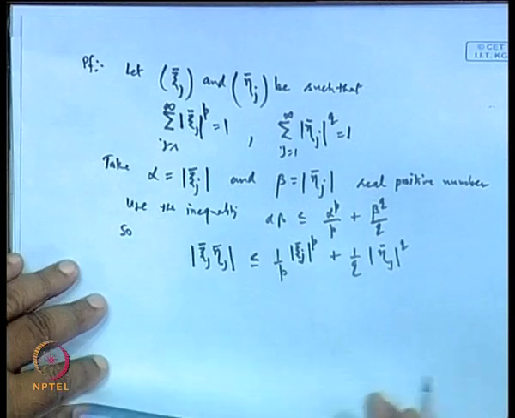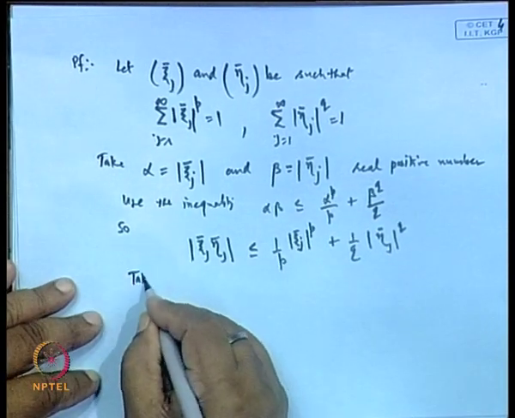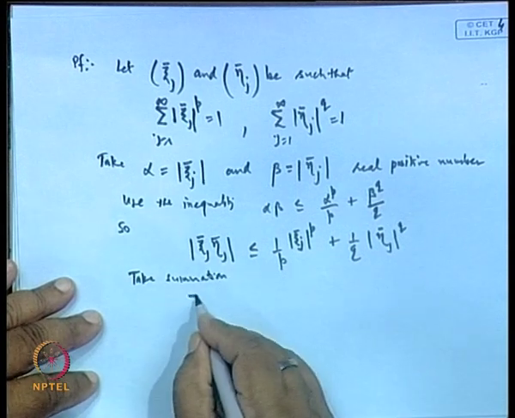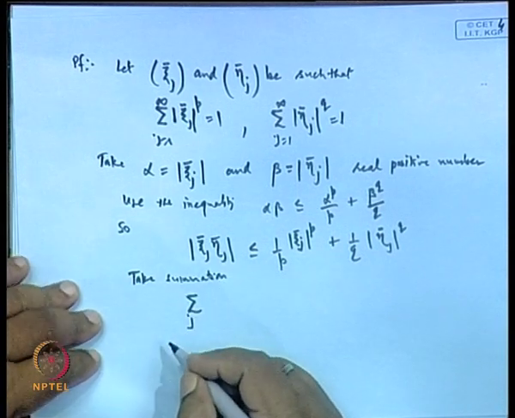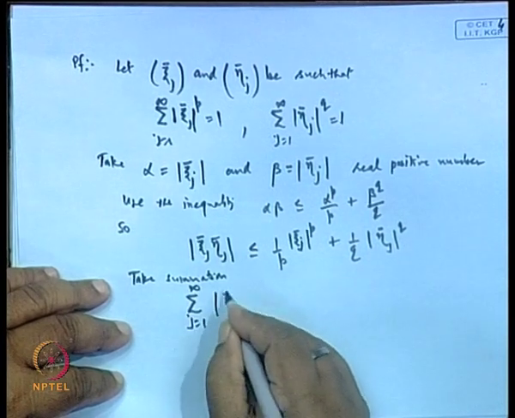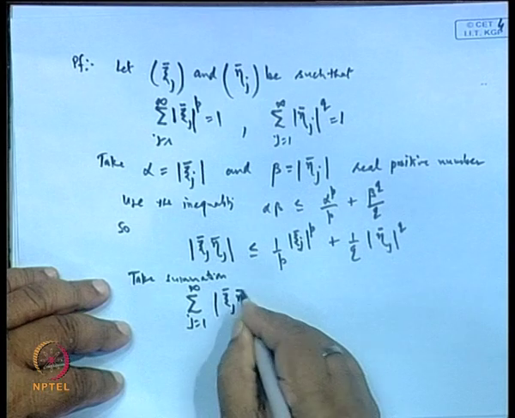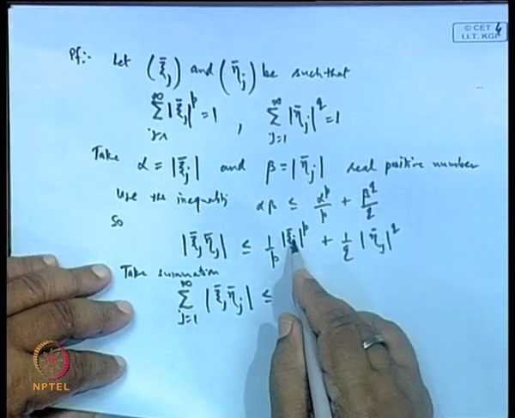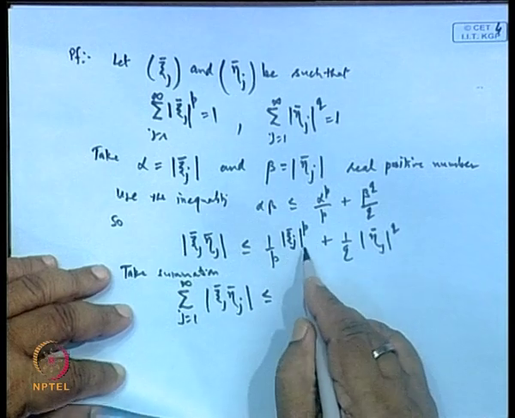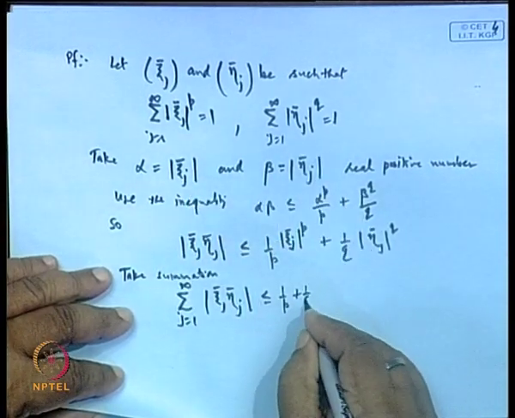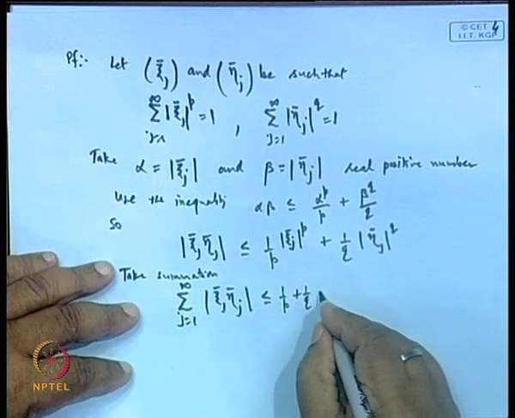Now, take the summation. So, sigma j is 1 to infinity mod of xi j bar eta j bar is less than or equal to, now when you take the summation, sigma of mod xi j bar power p is 1, sigma of this is 1. So, it will be 1 by p plus 1 by q, that is 1.